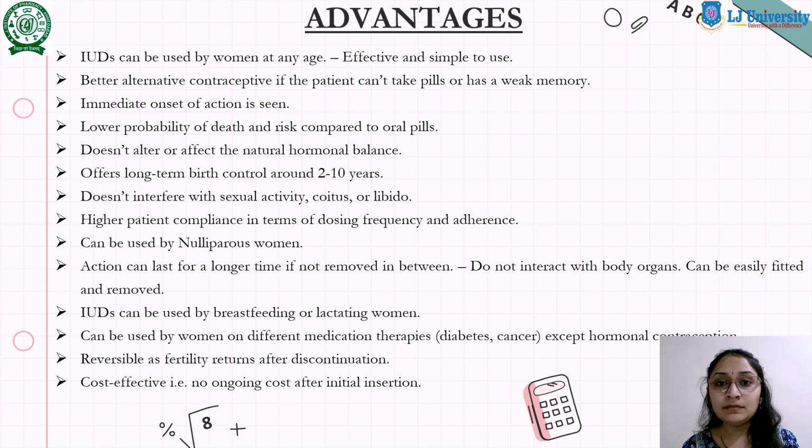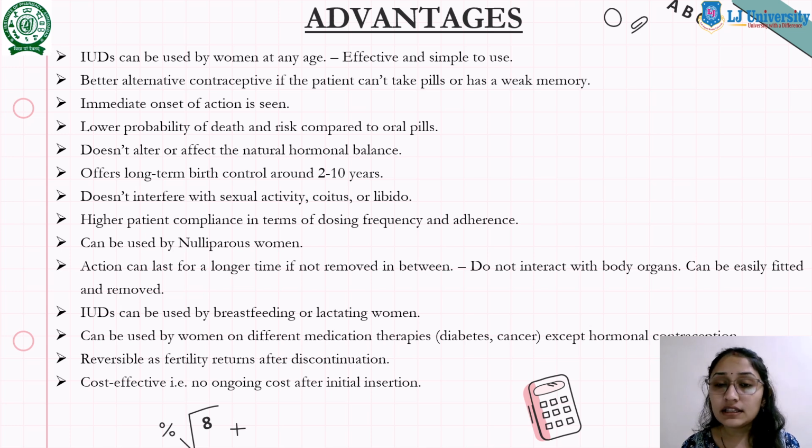For example, if a woman uses oral contraceptive pills for 3 to 4 years and then stops, there are chances that she is not able to conceive further.